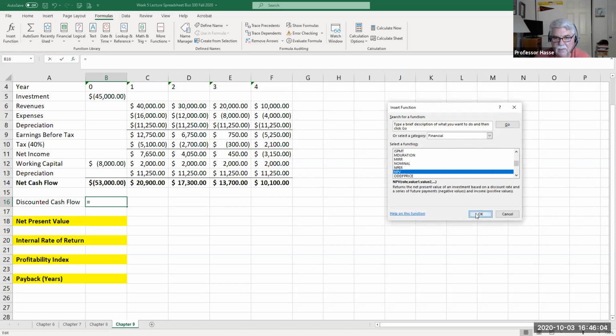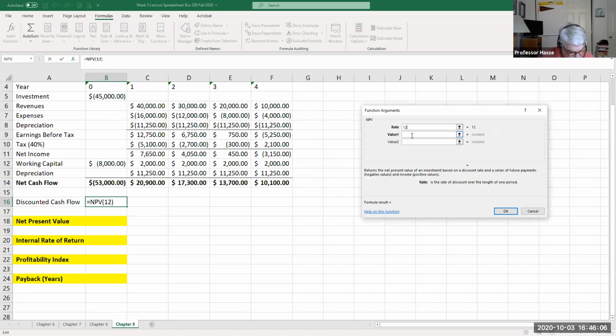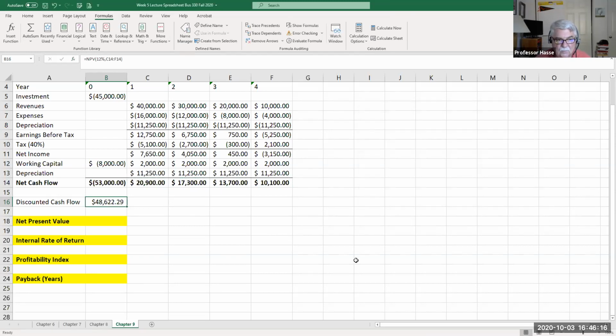Our cost of capital in this problem is 12%. And now we go to value. And now we just paint from year 1 to year 4, $48,622.29. Uh-oh, a loser. And we take the difference between what you're spending in year 0 and what our discounted cash flow is.